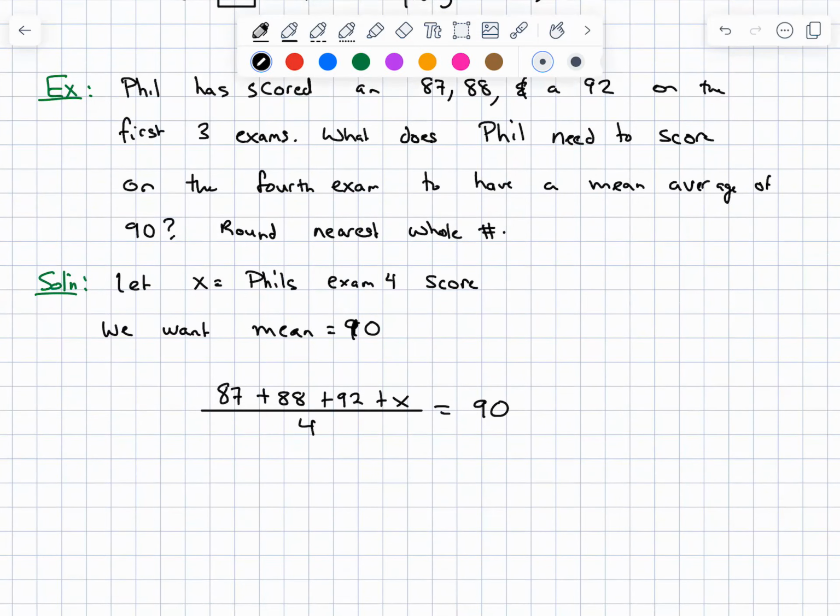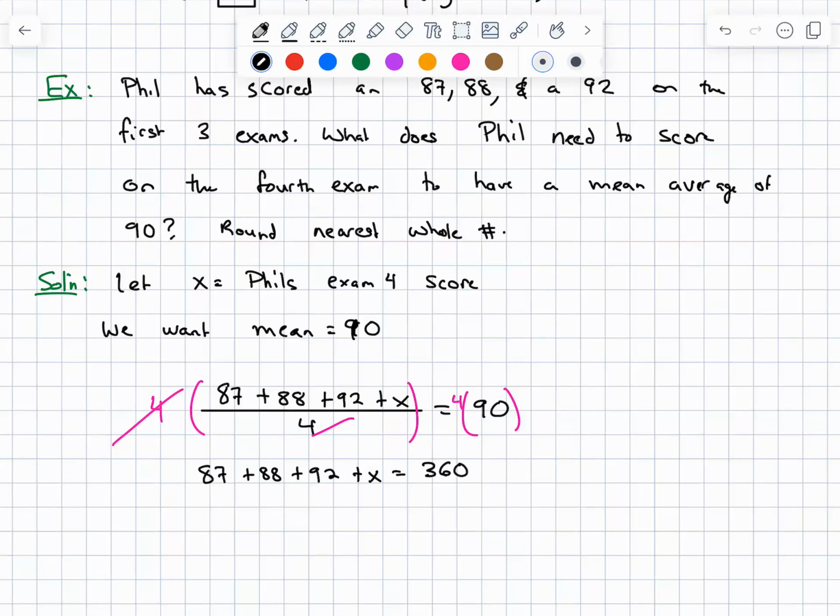But the mean was given to be 90. So solving this, there's a lot of different ways. I would recommend multiplying both sides by 4, but you could also cross multiply however you want to do it. And that cancels it on the left. And so we get 87 plus 88 plus 92 plus x is equal to 360.